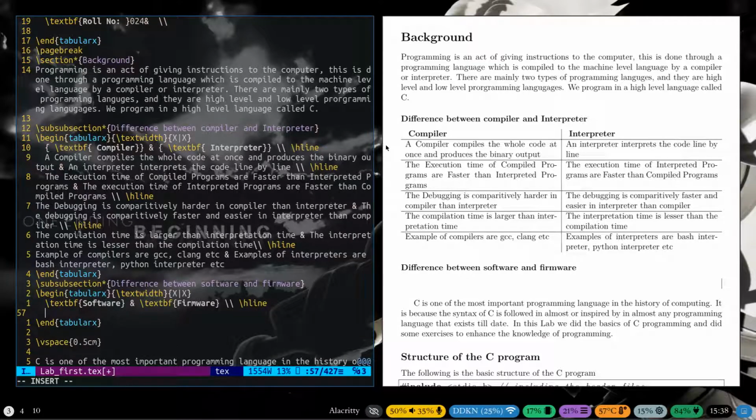What is the difference between software and firmware? I don't know really. I'll write that later.